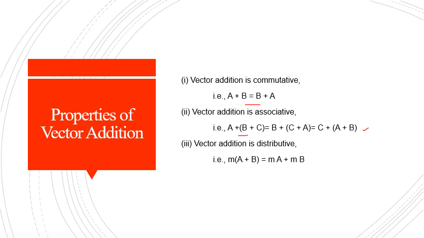And the third property is that vector addition is distributive: m into A plus B is equal to mA plus mB. So these three are the properties of vector addition.